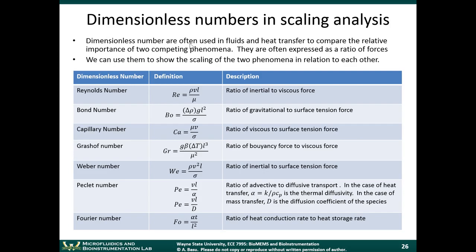They typically represent the ratio of one force versus another, or more generally, the ratio of one phenomenon over another. They're often used in fluids and heat transfer to compare the relative importance of two competing phenomena, and we can use them to show the scaling of two phenomena in relation to one another.